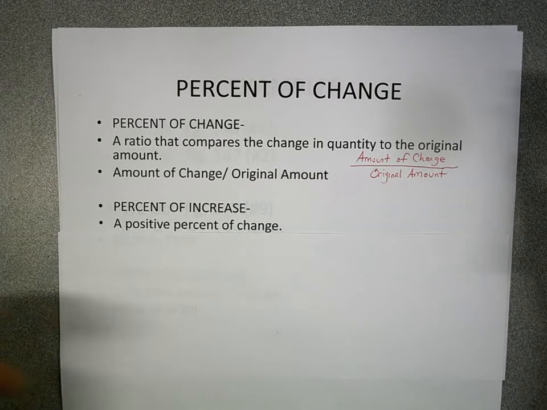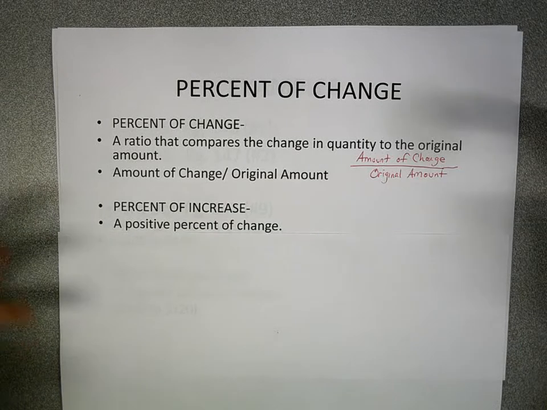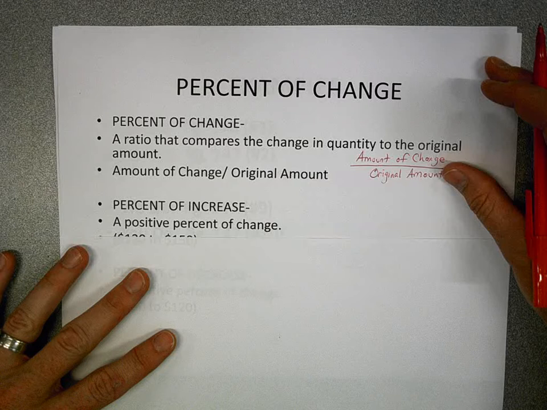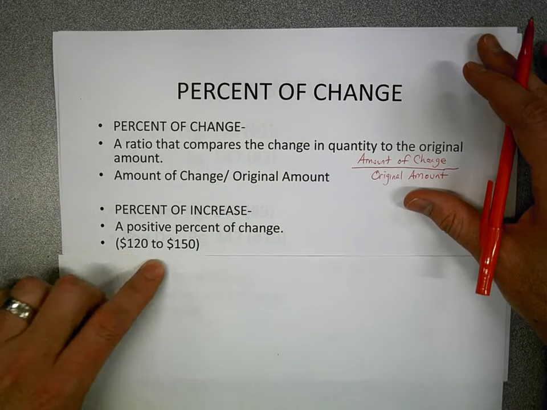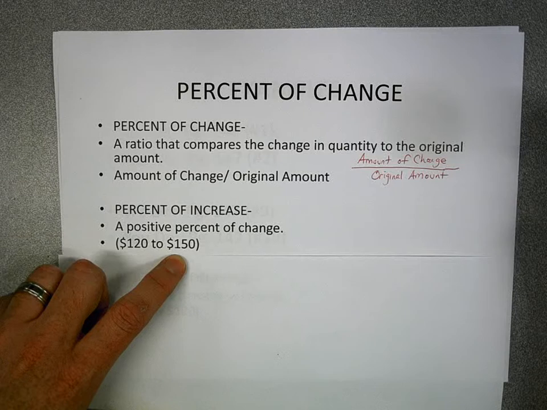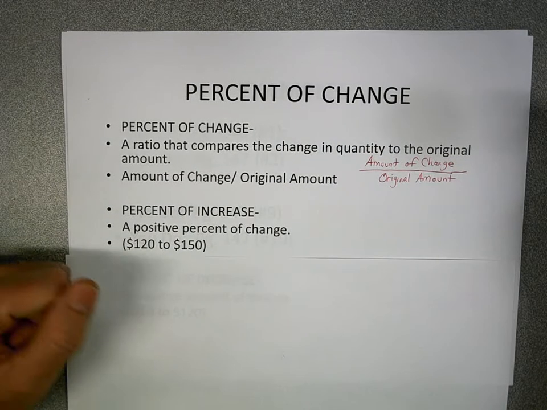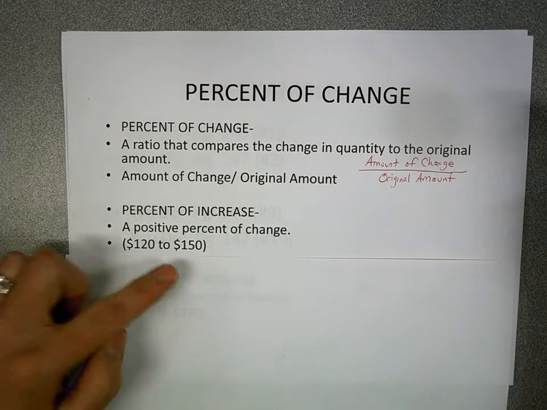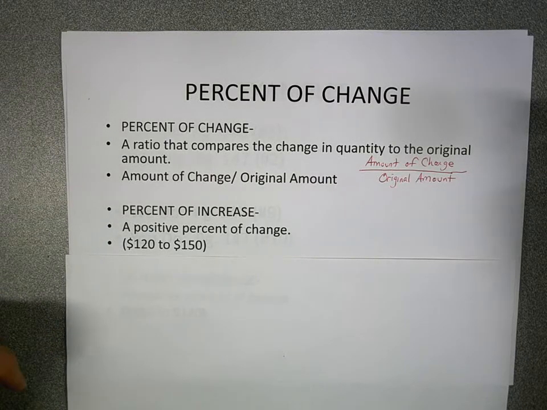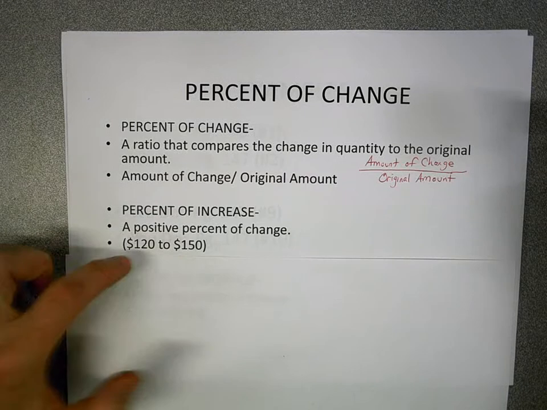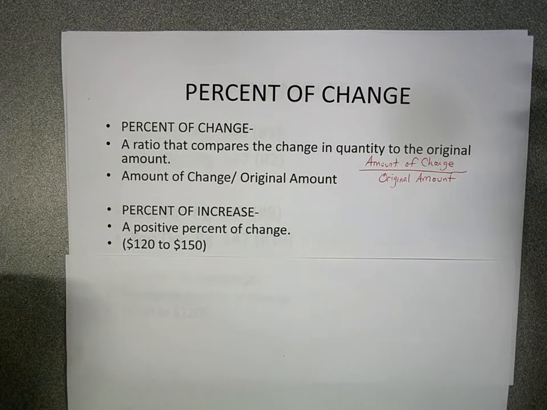While this isn't in percent form, here would be an example of a real-life problem. In your little box there, put: something started off at $120 and it went up to $150. That would be a percent of increase. It went up in price. You'd find a percent of increase for a problem like that.